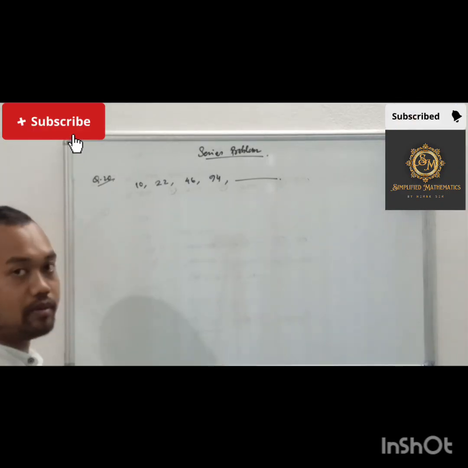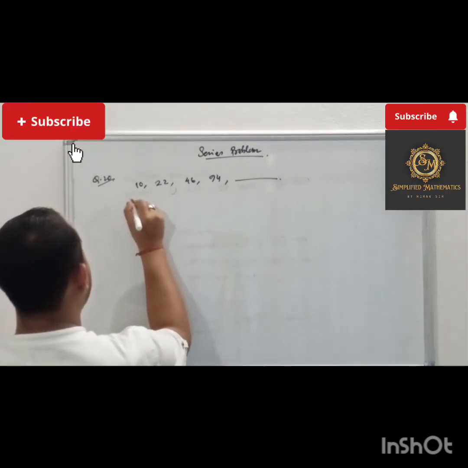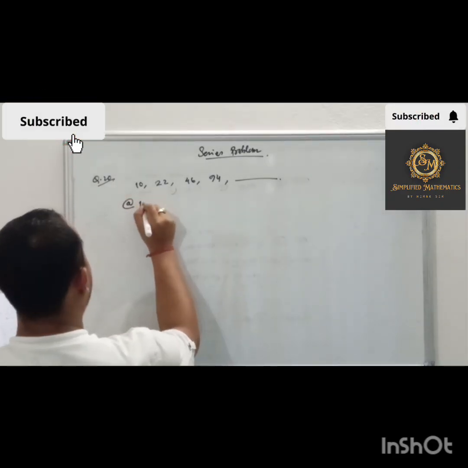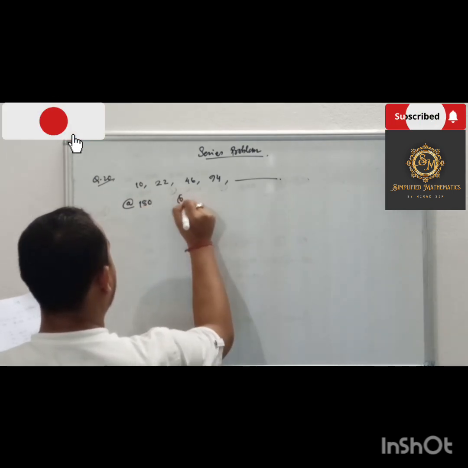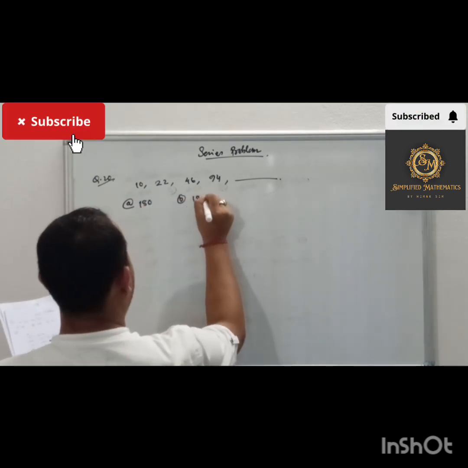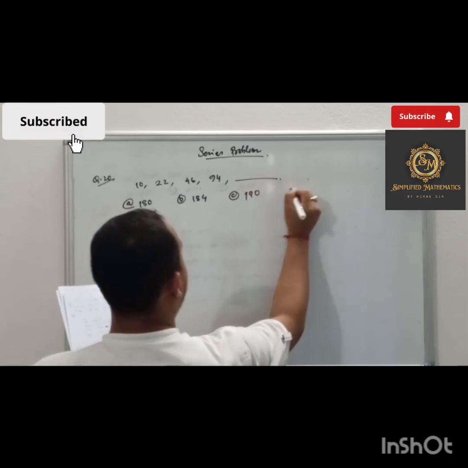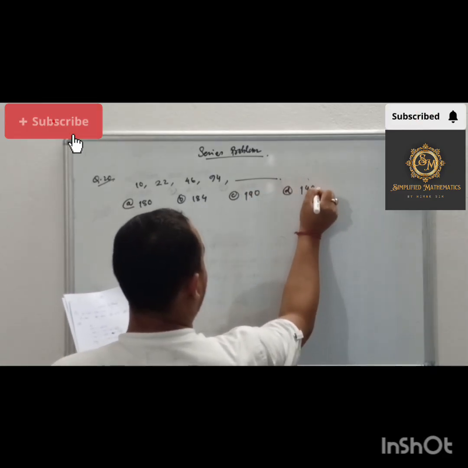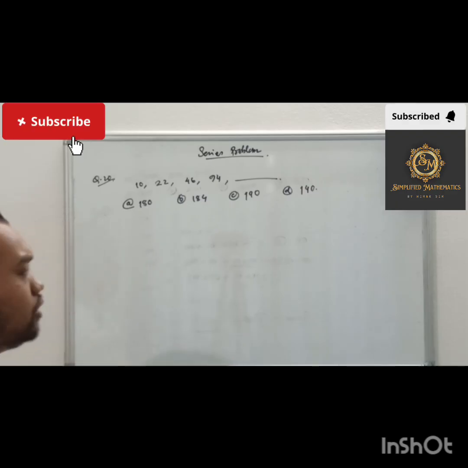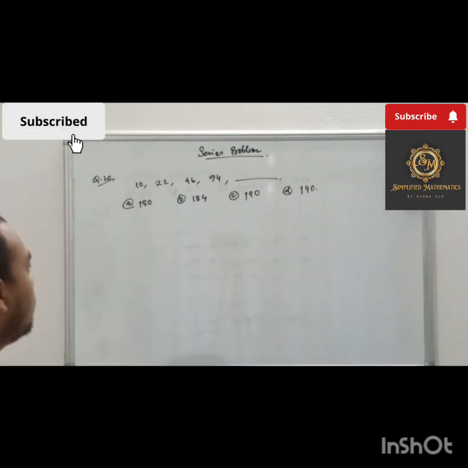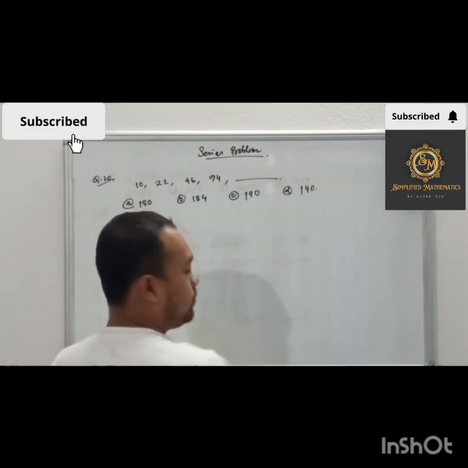Then what will be the next number? Options are A is 180, B is 184, C is 190, D is 140. So there are some options. We will find how the next fifth term is obtained.